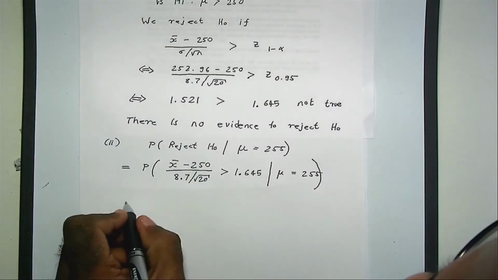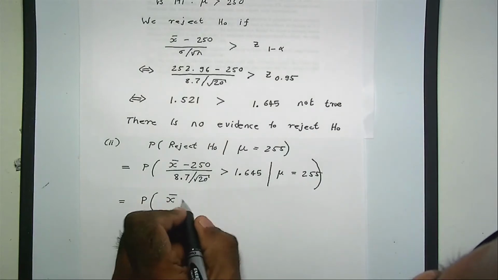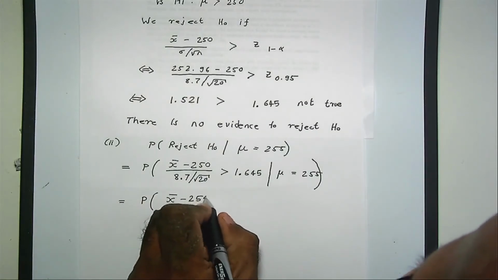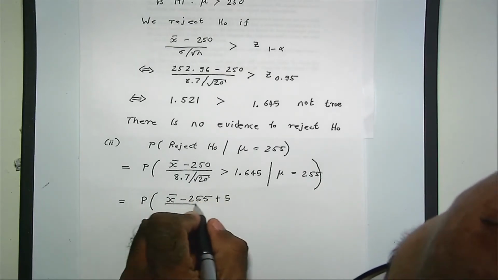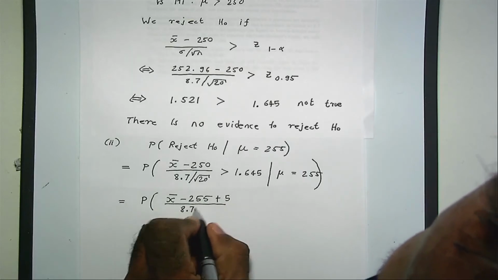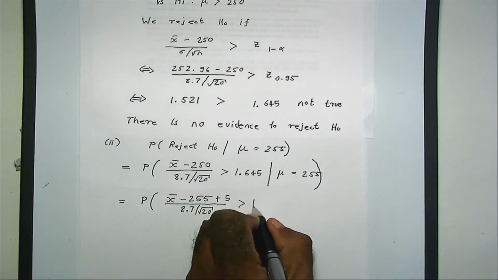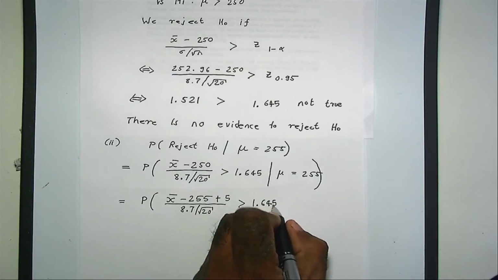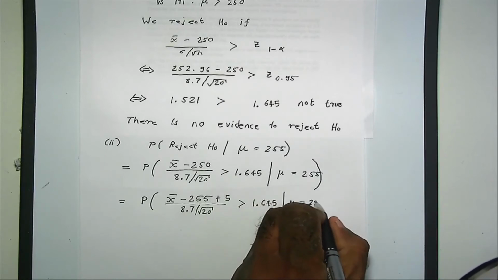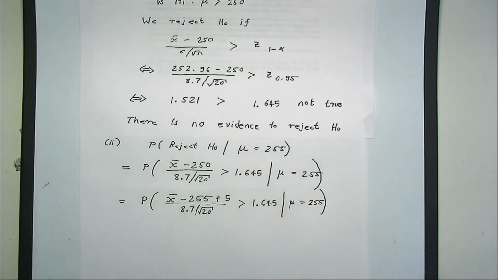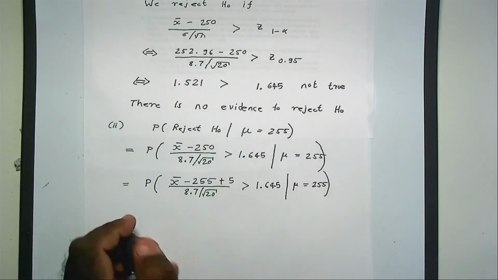All right. So one way you can do this is as follows. Now I'm going to take this term, 5, to the right hand side.